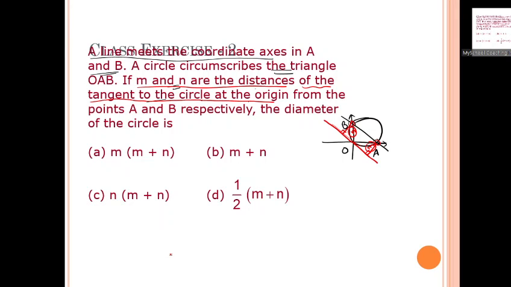Easy? Yes, sir. Then the diameter of this circle in terms of m and n. That's the question. Clear or not?